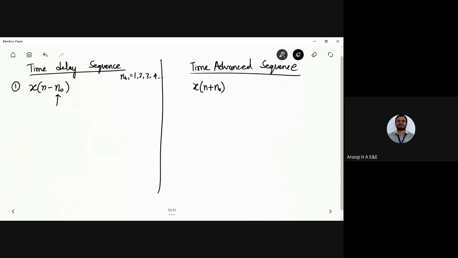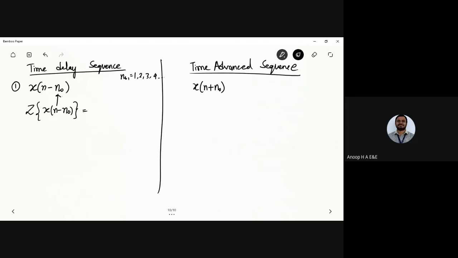So how are we going to take the Z transform? To be specific, I'll talk only about the unilateral Z transform here. How do we find the Z transform of x of n minus n naught, for a unilateral Z transform, using the time shifting property?